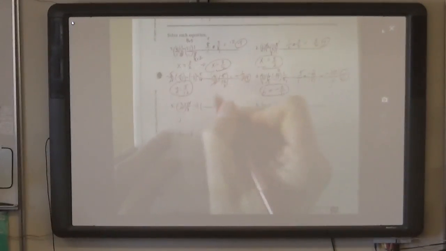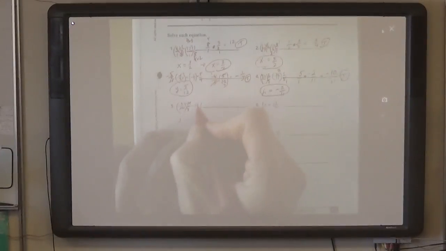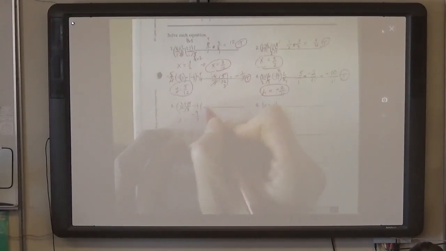Now on this side, we have a mixed number. So you've got to convert that first. This is negative 9 over 7. Do we have to turn the whole mixed number into a top heavy fraction? You have to turn the mixed number into a top heavy fraction.